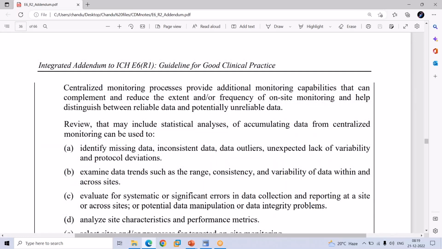So the centralized monitoring process provides additional monitoring capabilities that can complement and reduce the extent and frequency of on-site monitoring. It helps distinguish between reliable data and unreliable data.